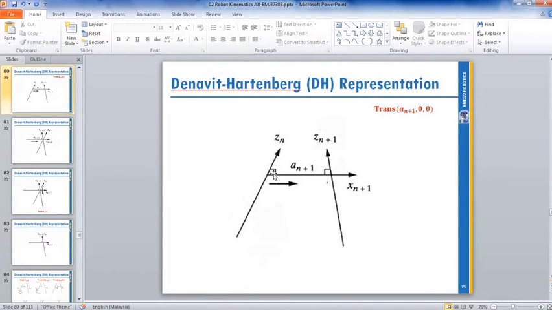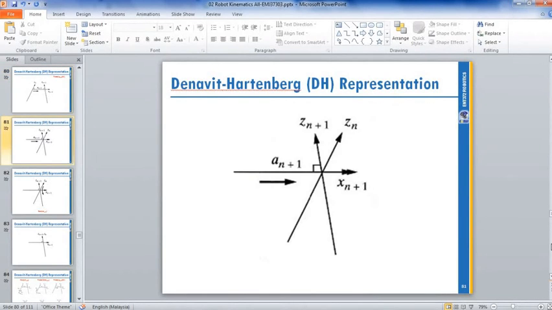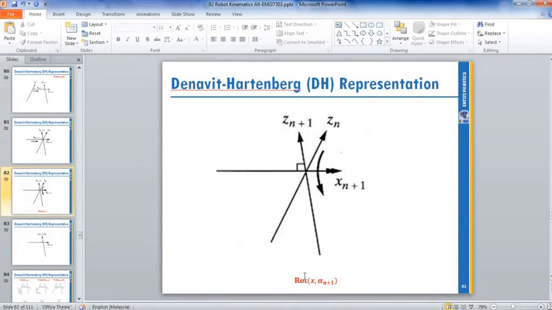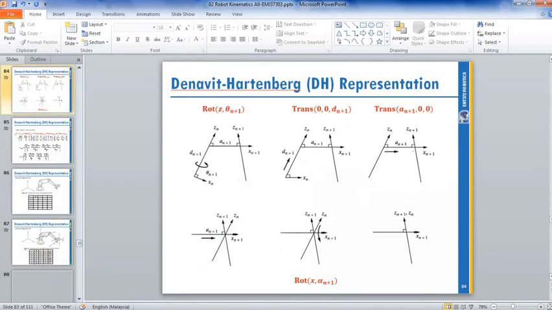And then you have translation of X. When you translate X, it becomes like this. Then you have rotation X. Okay.